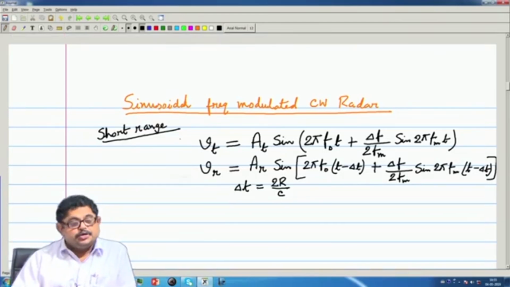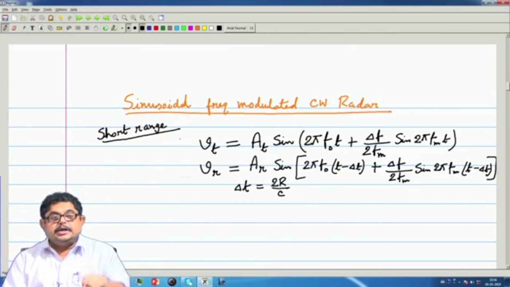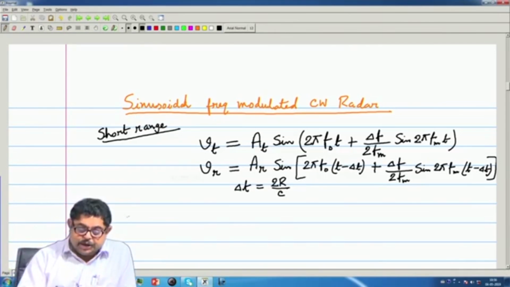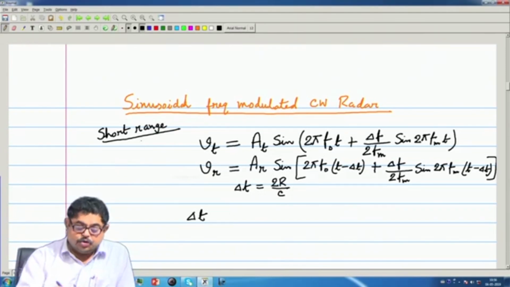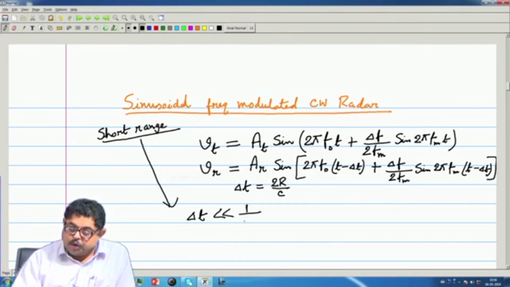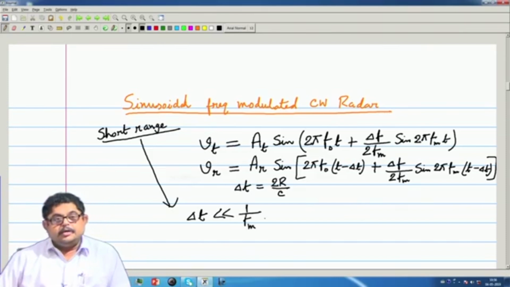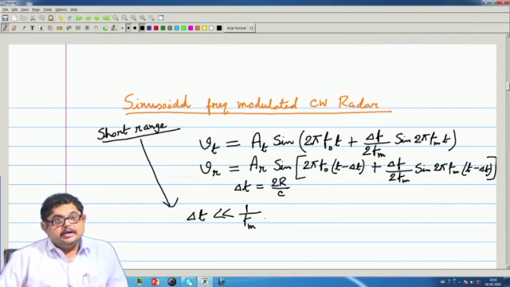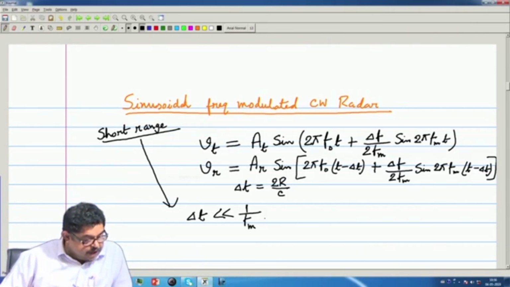Now, I have assumed short range, because we have seen that generally these FMCW radars are used for detecting short range targets. So, what is the meaning of short range? Short range means delta t is much smaller than 1 by f_m, that is, compared to the modulating period it is much smaller.